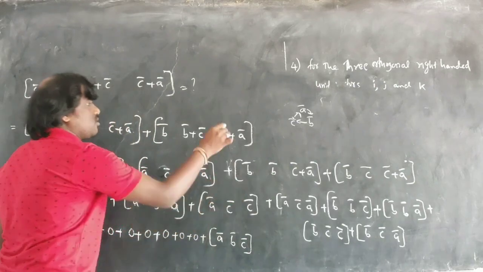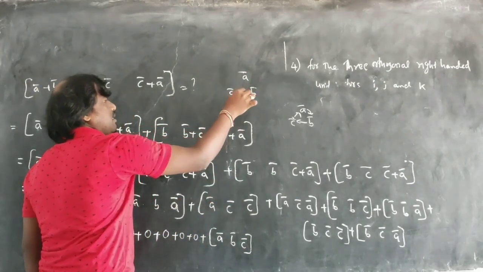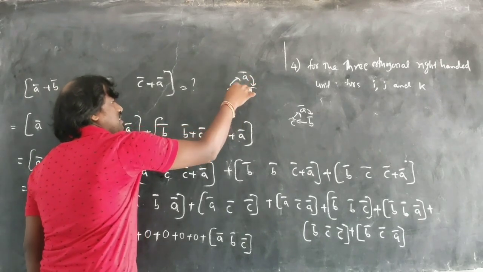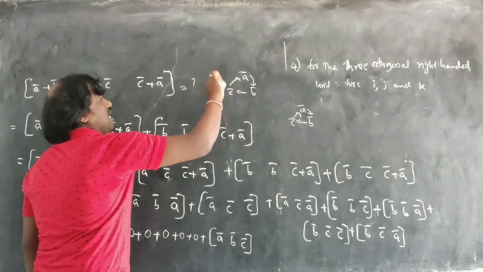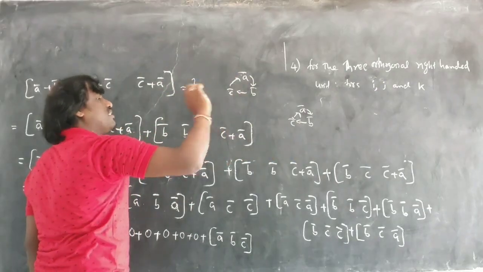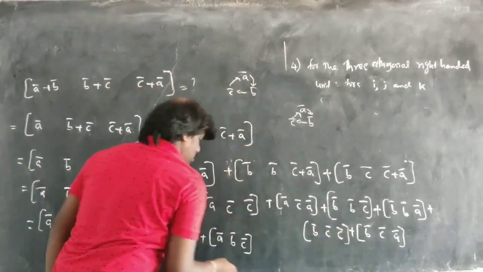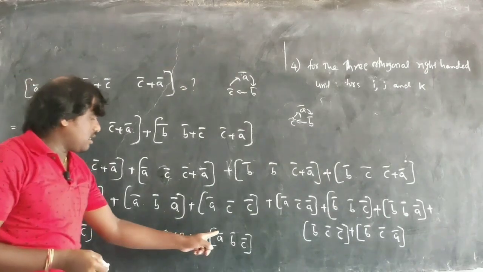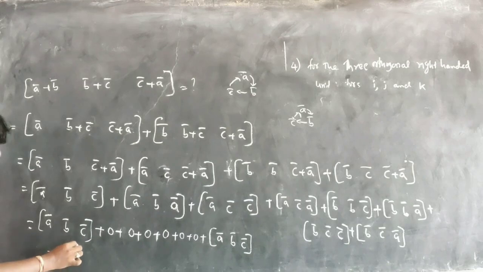I hope you understood this. When you have A vector, B vector, C vector, remember this: in this cycle, they are equal. ABC equals BCA equals CAB. And whatever else you get in the other order is minus. These three are equal, so this will be equal to this. So what happened here? Box ABC equals box ABC, you got both, and if you add them, twice box ABC.